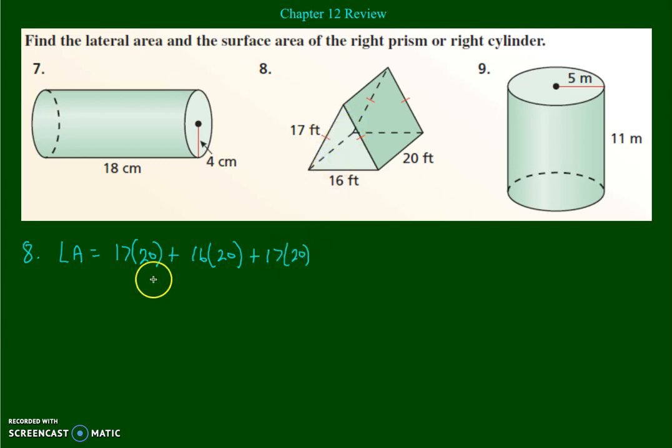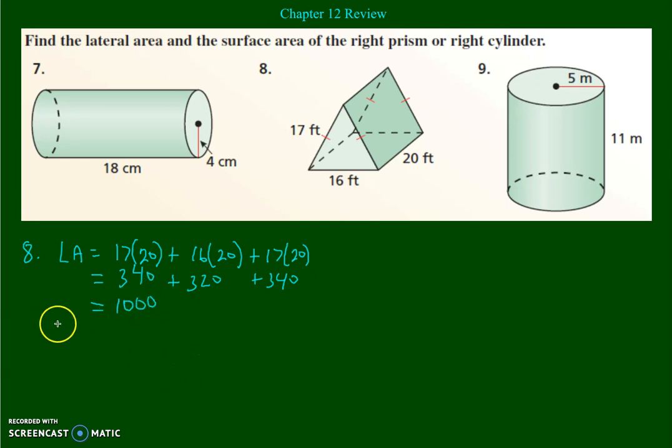Now you could, if you want, go in and use the formulas that are in the book for perimeter times height, but I choose to do it a little bit more brute force just so that I don't miss anything and just so that I can see the lateral area forming for me. This gives us 340 plus 320 plus 340, which is 1,000.